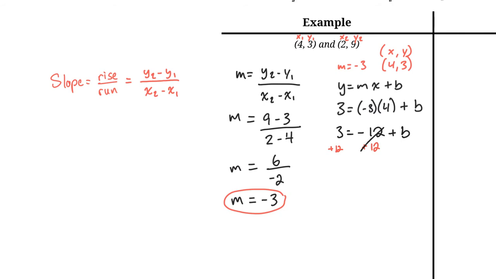So b is just equal to 15. And now we have exactly what we need to create our equation of this line, our slope and our y-intercept. So when we plug those in, our equation of this line is equal to negative 3x plus 15.